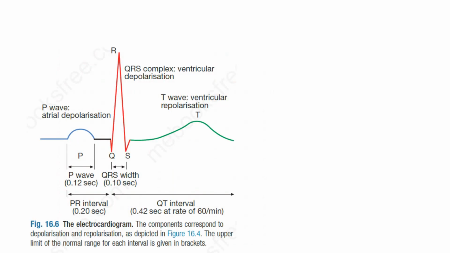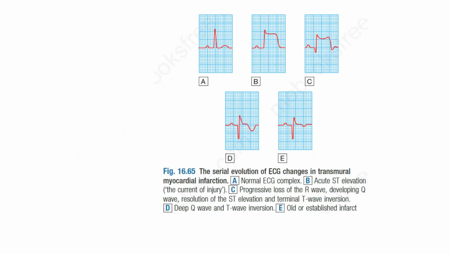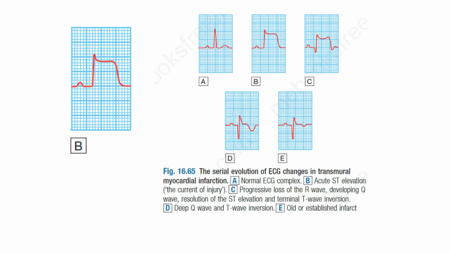ST elevation occurs in myocardial infarction, pericarditis, left ventricular aneurysm, etc. ST depression also occurs in myocardial infarction. Here figure B shows ST elevation in myocardial infarction.